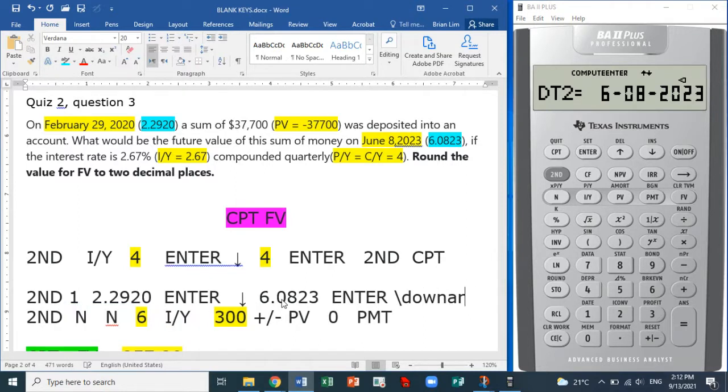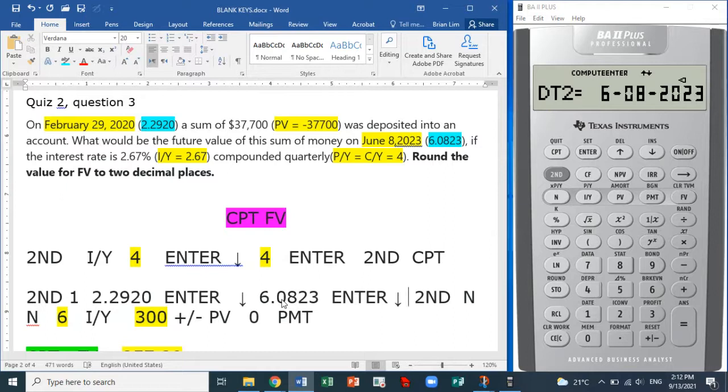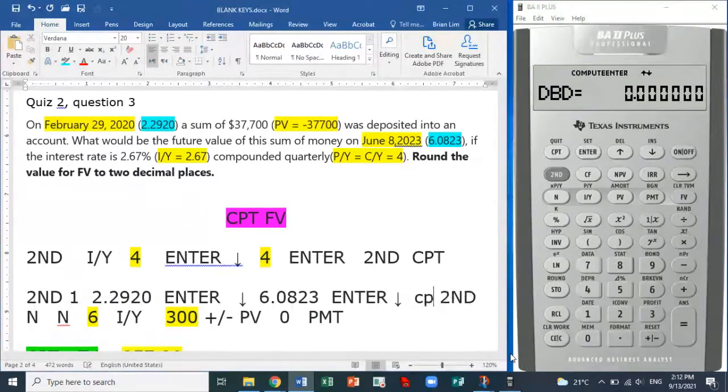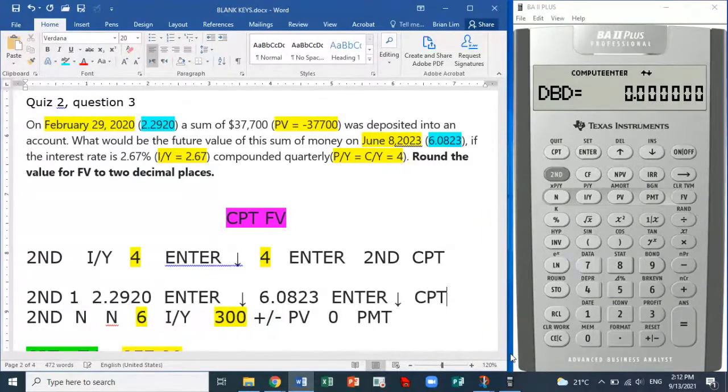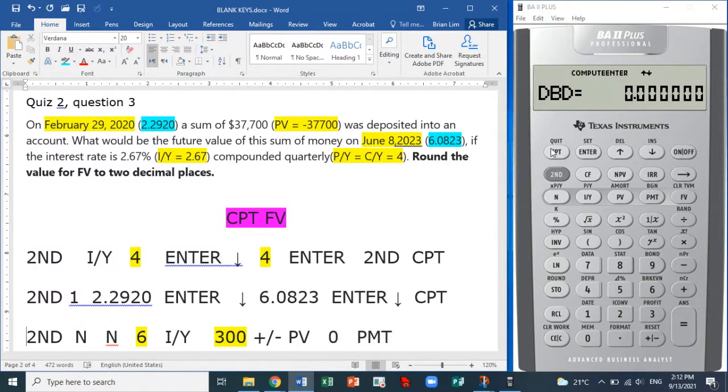We go to the down arrow again, and we have DBD, and that we will do by pressing CPT. Okay, and that will put us into the right positioning. So we press CPT and we get a result of 1195.